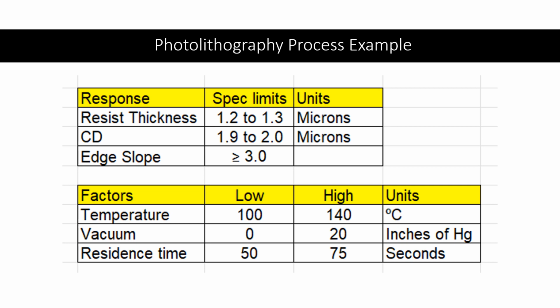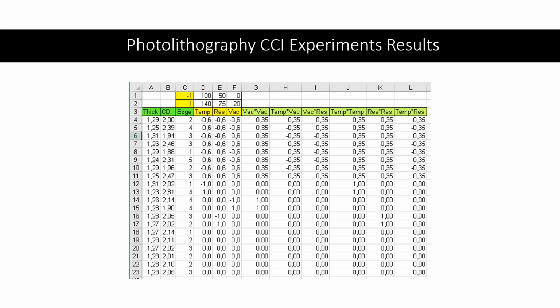We want to meet the following response specifications by adjusting the shown critical factors. So we have run response surface CCI experiments and added quadratic and interaction terms for the analysis sheet photo.